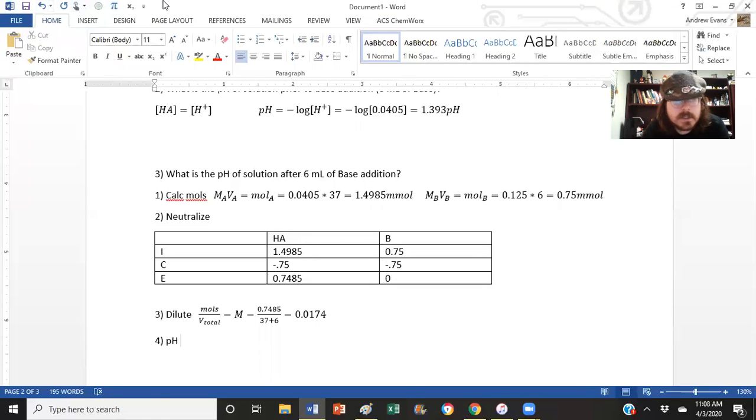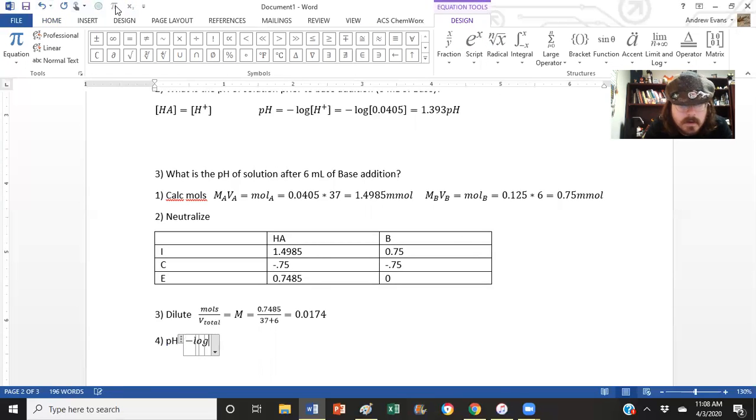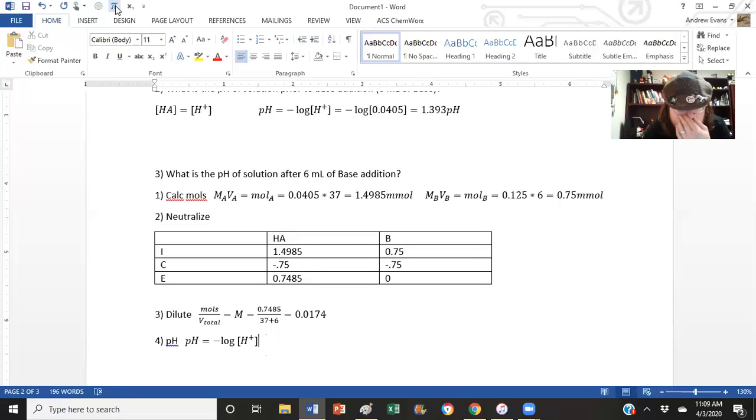Finally, our pH is going to be negative log. pH equals negative log of H plus. Now, remember, this is strong acid. The strong acid, the amount of H plus left is equal to the amount of HA left is equal to H plus.